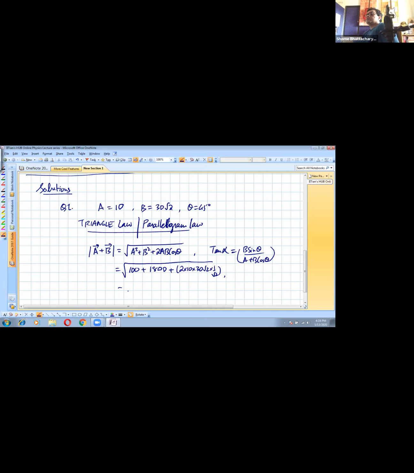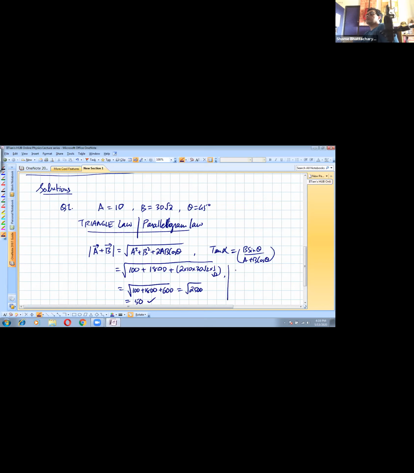So as you can see, this becomes square root of 100 plus 1800 plus 600. So that's root 2500 or 50.